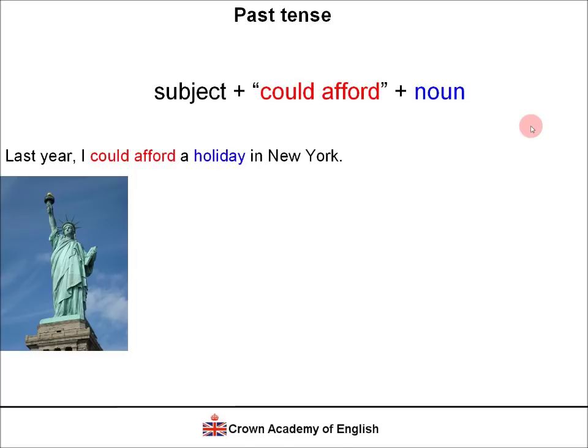Last year, I could afford a holiday in New York. So we're talking about the past, last year, and we are saying that we had enough money for a holiday in New York. I could afford it. I could afford a holiday. It's the past.